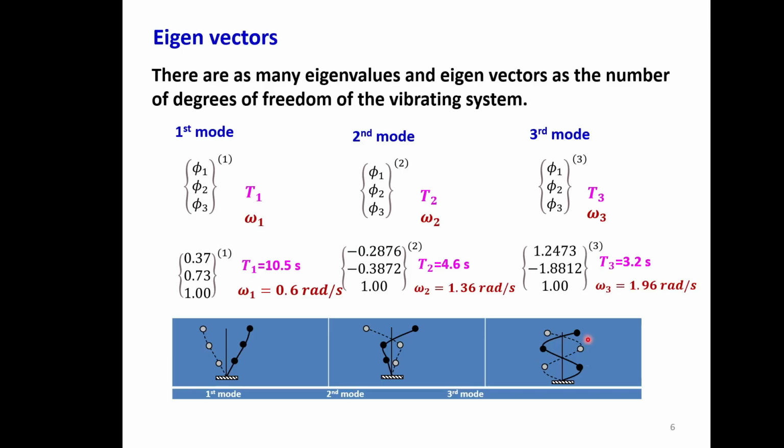In the highest mode, top mass on the right hand side, but second mass on the left hand side, third mass on the right hand side again. So there all the masses are out of phase, either on the left or on the right. They maintain this out of phase condition. So looking at the mode shape, one will be able to say whether it is the highest mode or the first mode.